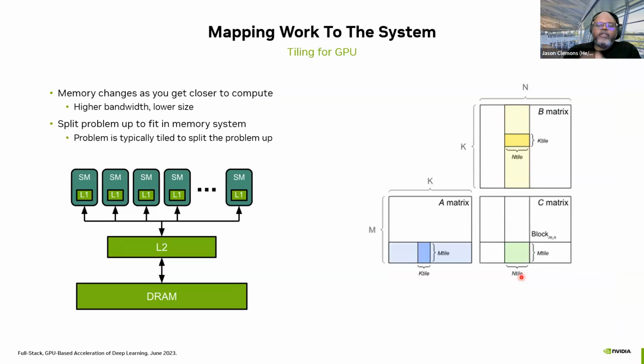Now, one of the reasons this is important is that at the end of the day, we have these big compute systems, but what we end up doing is mapping our work to this big compute system. So I just want to talk a little bit about the general idea of how the problem happens on the GPU. There's only so much compute, for example, in an SM. There's only so much compute on the GPU.